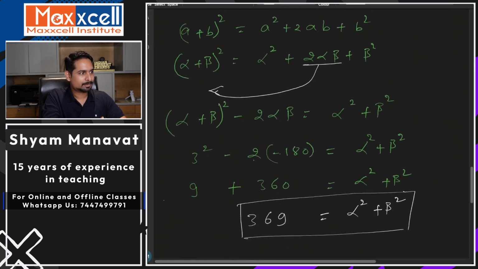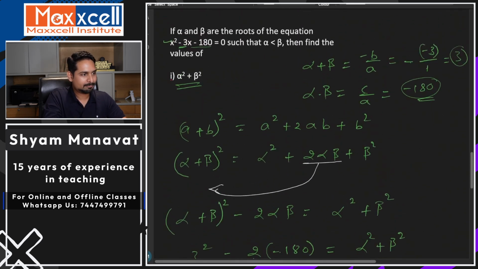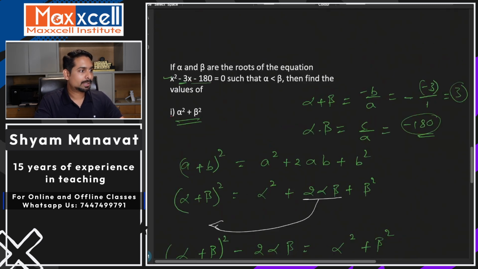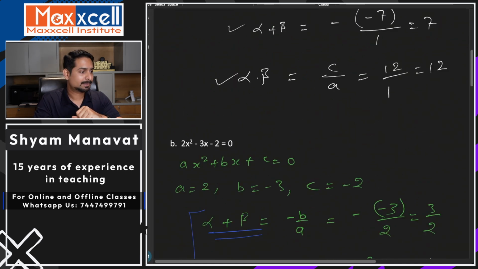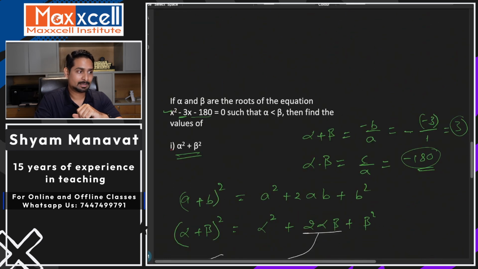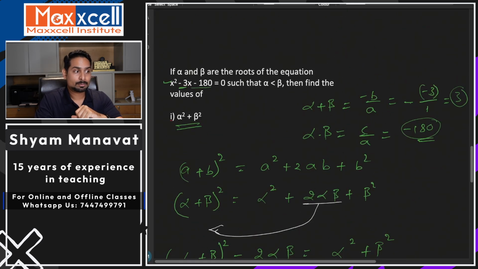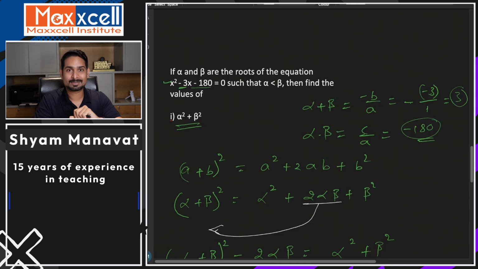You may get many other different forms of alpha and beta here, and don't need to worry, I'm there. So I hope you understood sum of roots and product of roots, how to deal with them. What is alpha beta? They are simple symbols, don't get scared of them. And the method, how to handle them, how to solve them. What is sum of root? Minus b upon a. What is product of root? C upon a. It's important to remember.